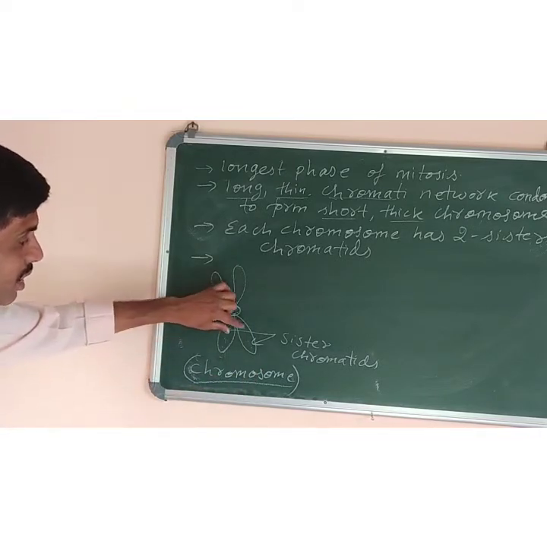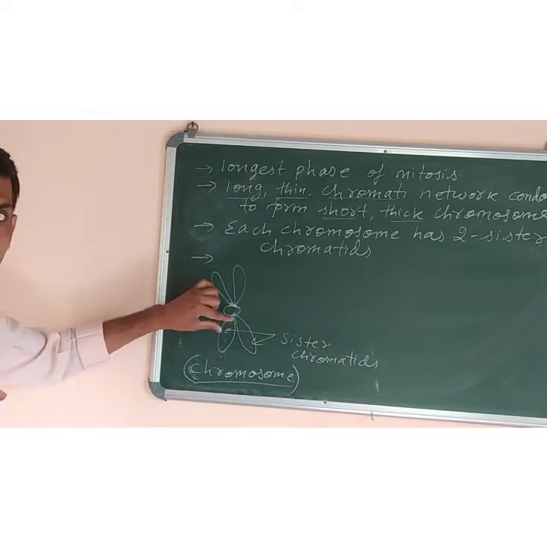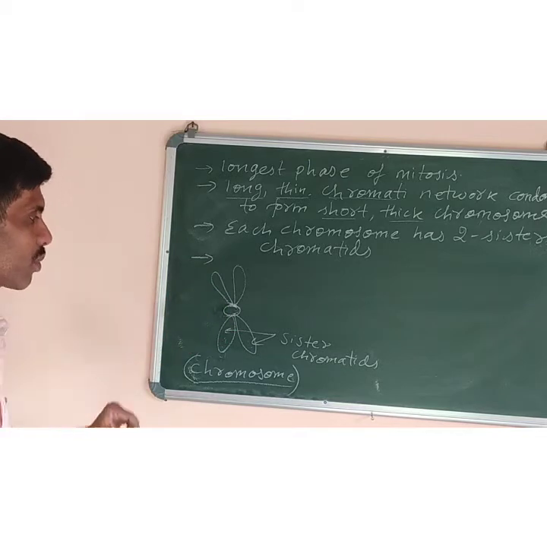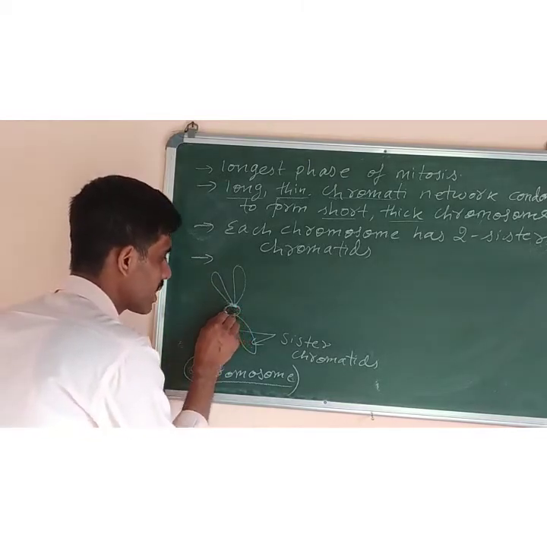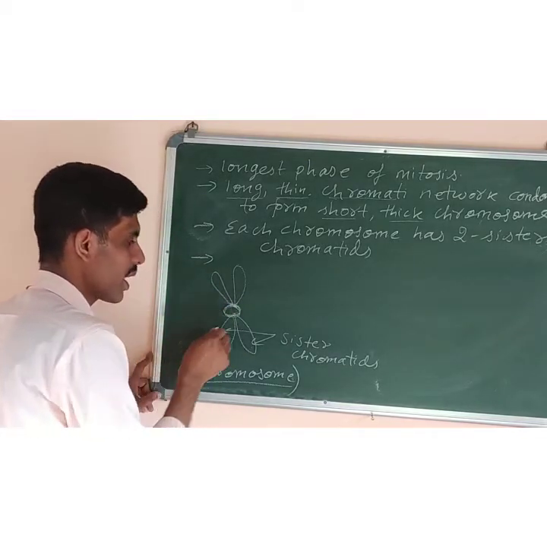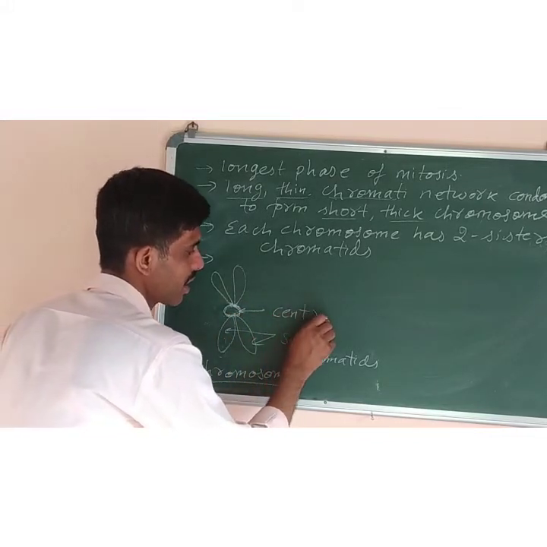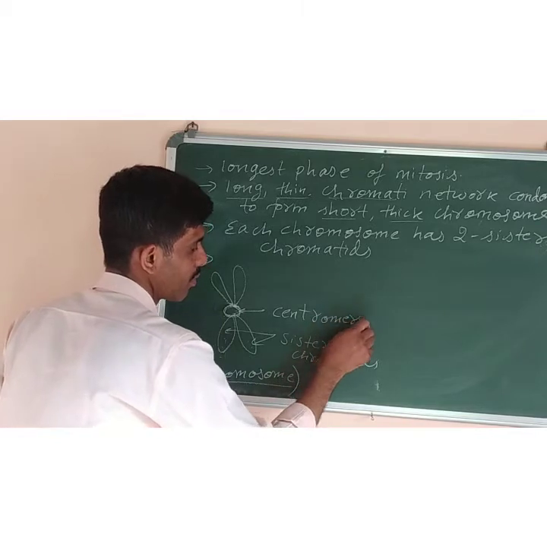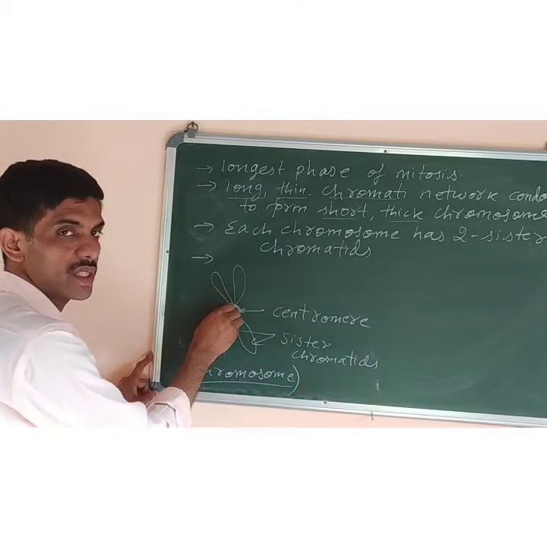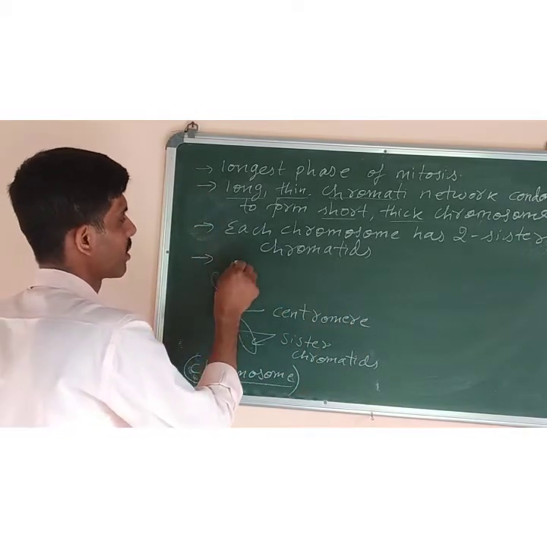So you can find that there are two chromatids in one chromosome, and both of them are attached at a point. This middle point is called the centromere, the place where both the sister chromatids attach with each other.